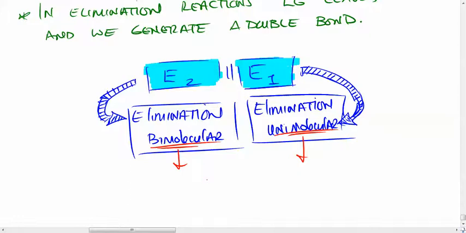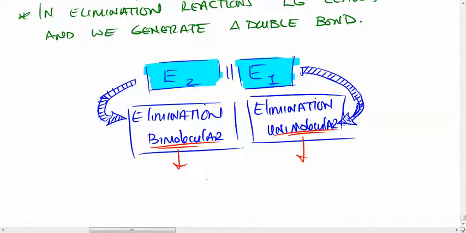And because the rate of the reaction was dependent on those two species, we said it was an SN2 reaction, a substitution nucleophilic bimolecular, because it follows second order kinetics. Because the rate is dependent upon two species.